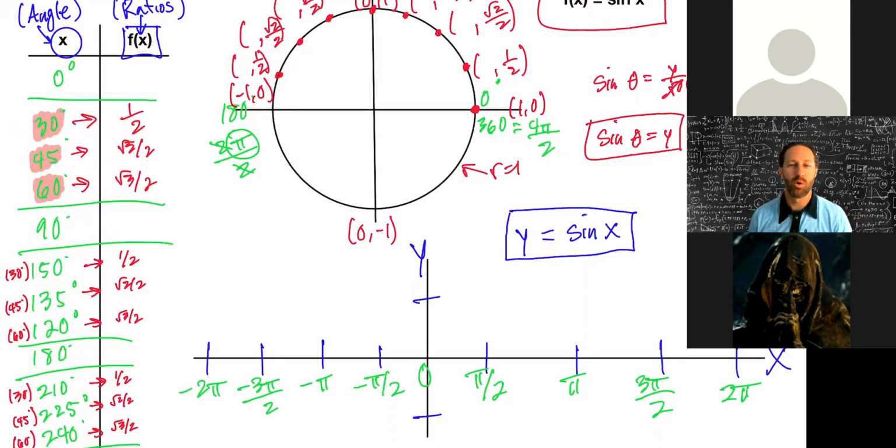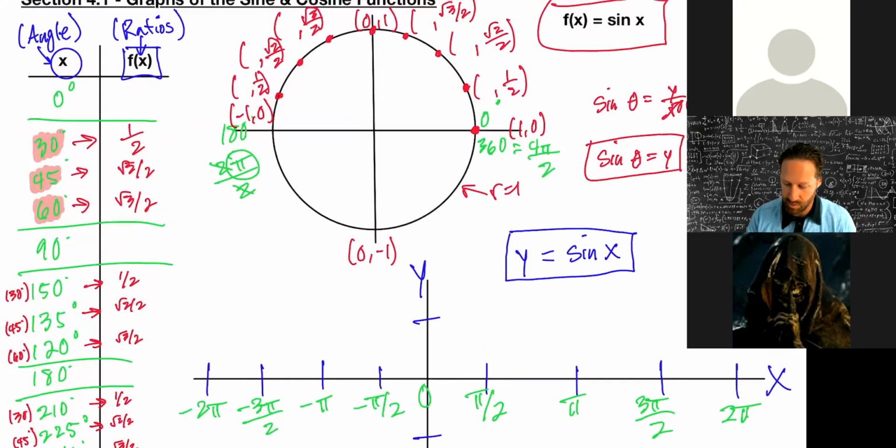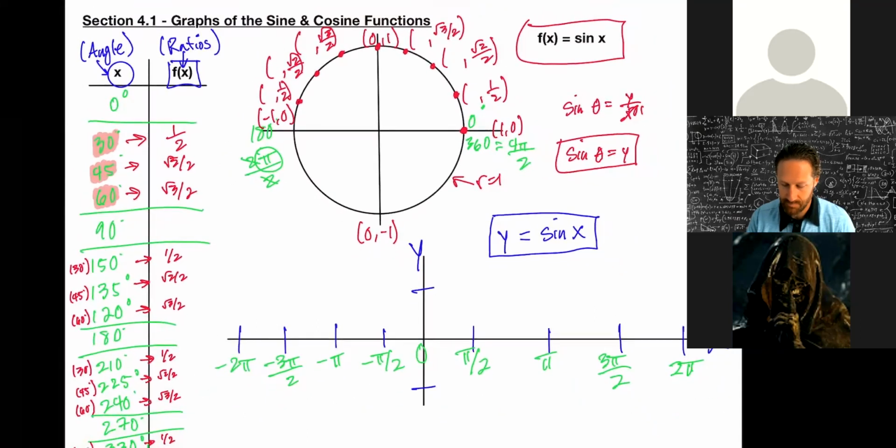I'm going to start with the quadrantal angles, because what did we just get done saying that sine is equivalent to, always on the unit circle?